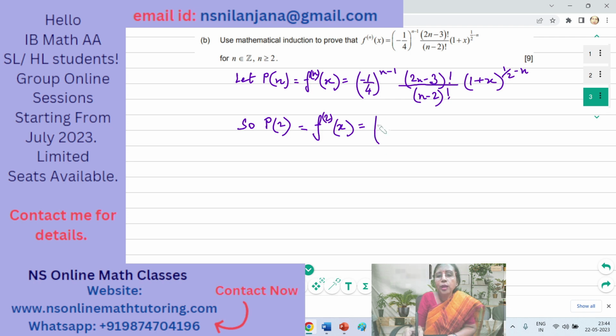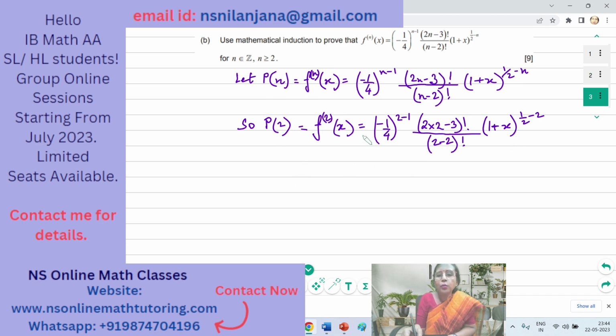This is equal to negative 1 over 4 raised to the power of 2 minus 1, then 2 times 2 minus 3 factorial over 2 minus 2 factorial times 1 plus x raised to the power of half minus 2.